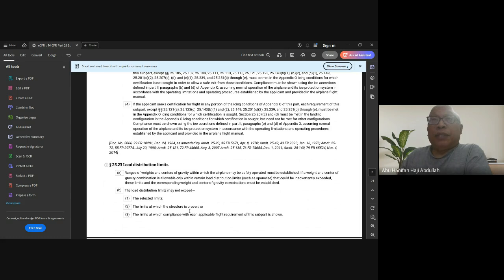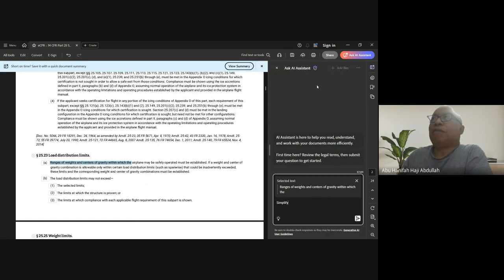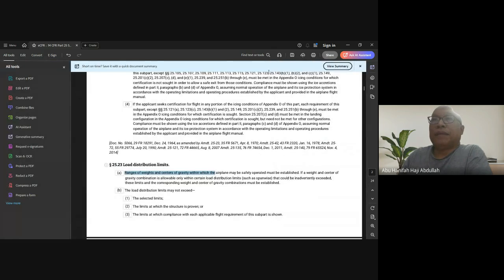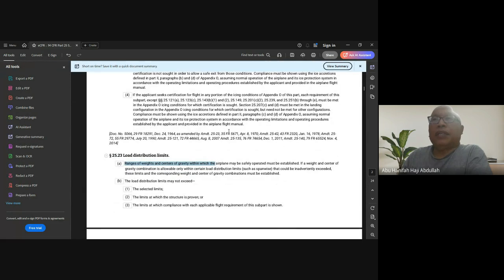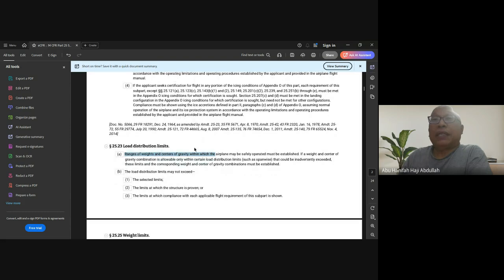Okay, load distribution limits: the range of weight and CG, center of gravity, within which the airplane may be safely operated. You need to establish the range of weight and the CG in the load distribution. Then the load selection may not exceed the selected limit. It means that if you select a limit as a certain load, maximum and minimum, you should not go beyond that in your load distribution limit.